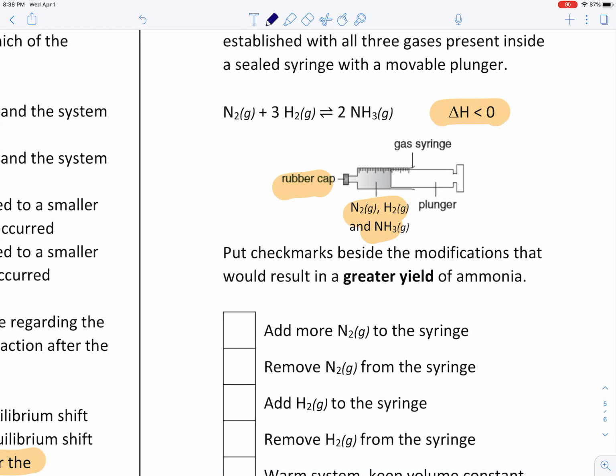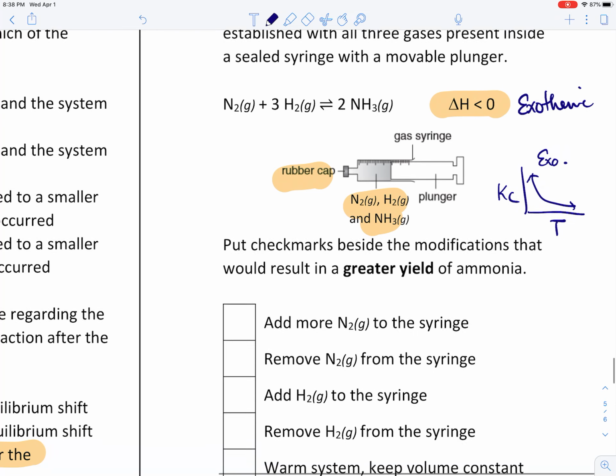The delta H is less than 0, which means it's negative. So this is an exothermic situation, just like we saw earlier. So let's sketch the graph again. Kc and temperature for exothermic situations does something like that.